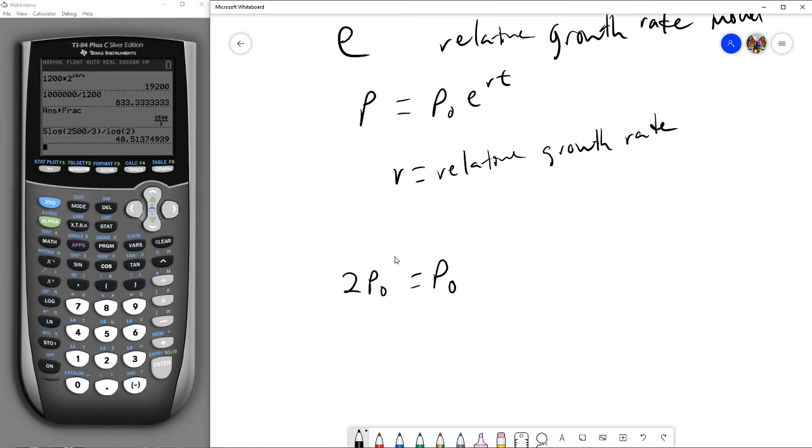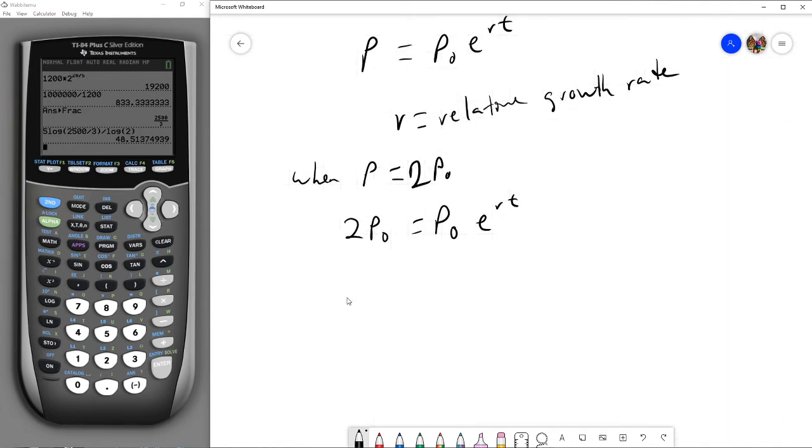So we're interested in when P equals 2 times the initial population. This is how we'll set it up. We can divide out the P naught from both sides.